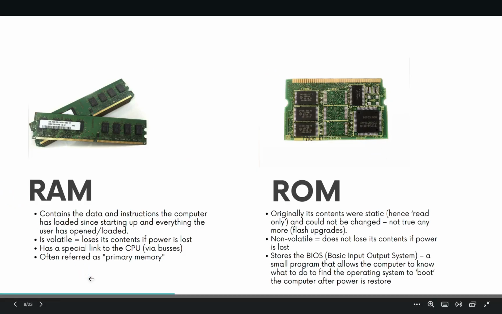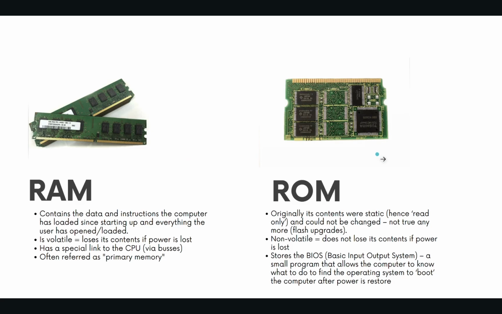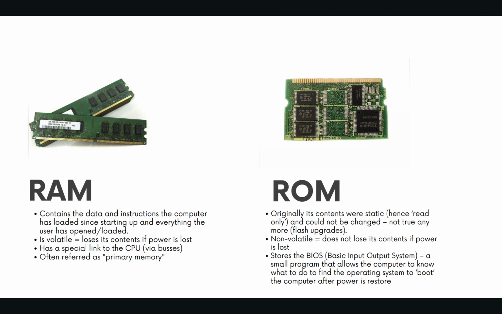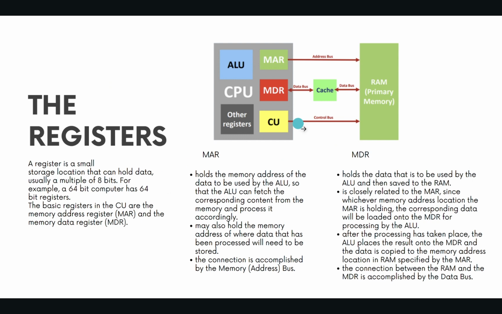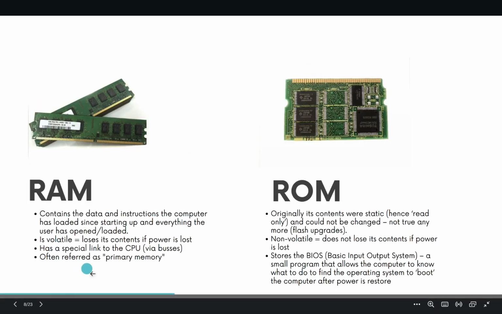Now let's talk about the primary memory, this RAM primary memory. So RAM is the random access memory. It contains data and instructions the computer has loaded since starting up, and everything that the user has opened or loaded. It is volatile, which means that it loses its contents if power is lost. And it has the special link to the CPU by the use of these buses.